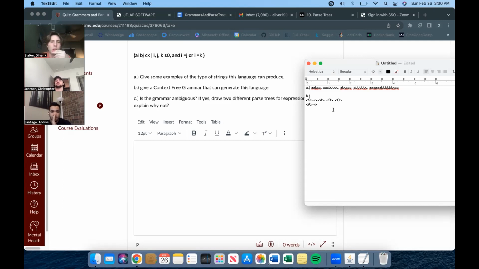There has to be the or operator for sure, and B and C will be represented on both sides of that or. So we can do it like that.